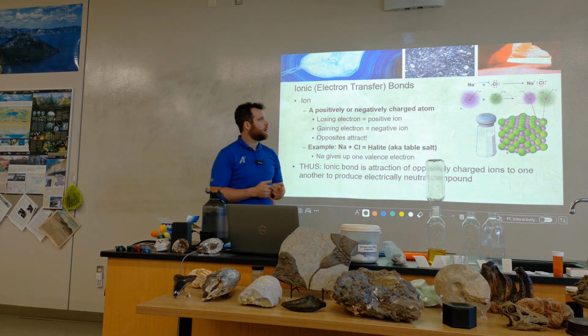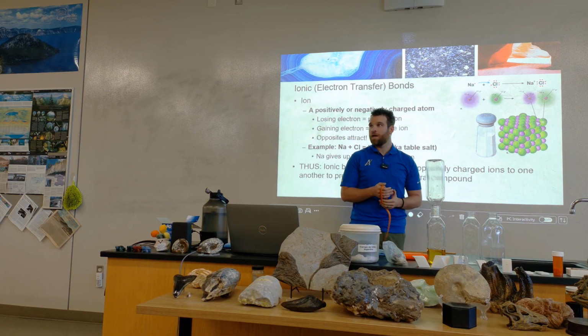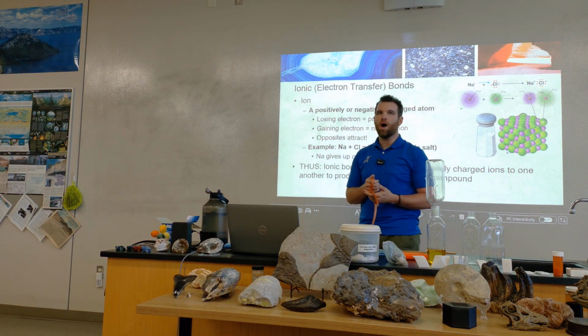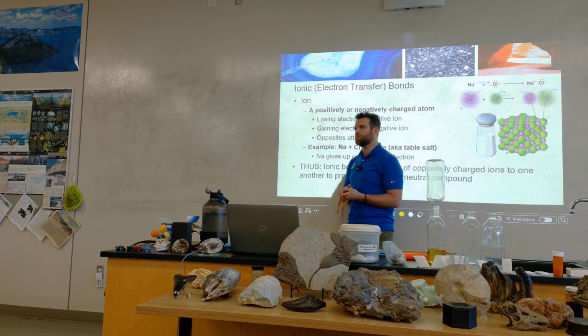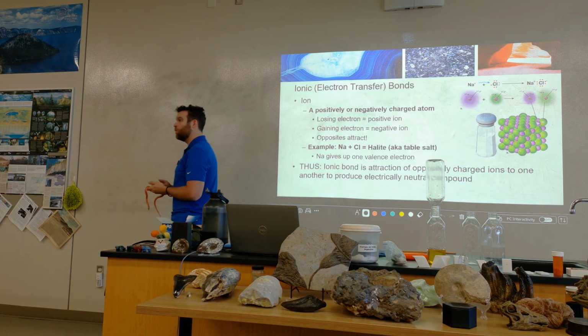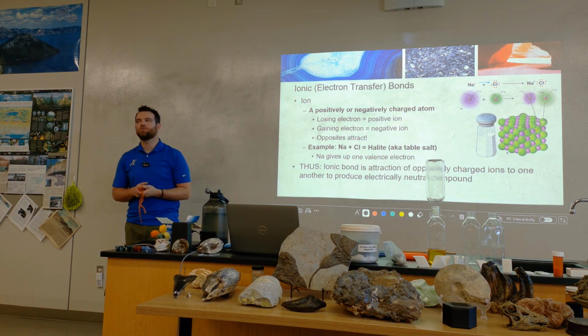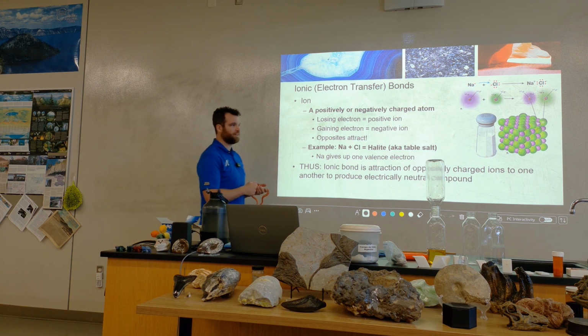All right? But now our sodium is a positive ion, and our chlorine is a negative ion. Why? Why would our sodium now become the positive ion? What did it lose? An electron. And what charge does an electron have? Negative.